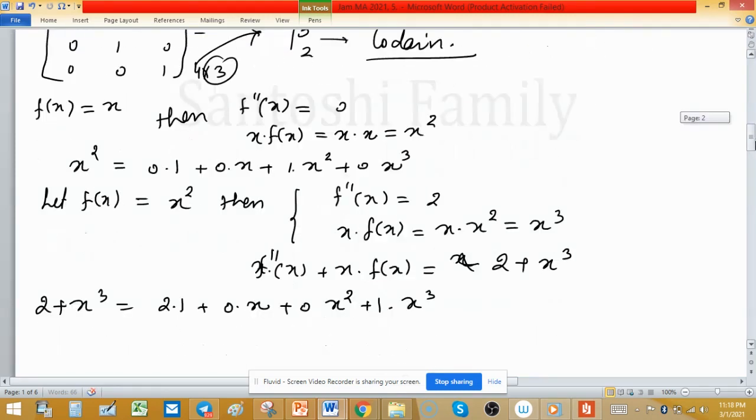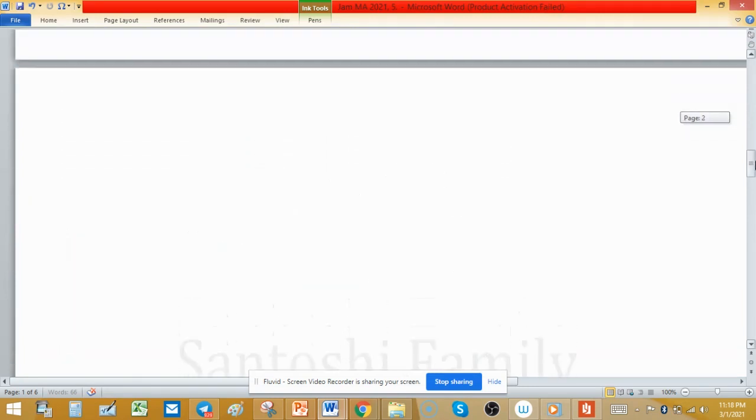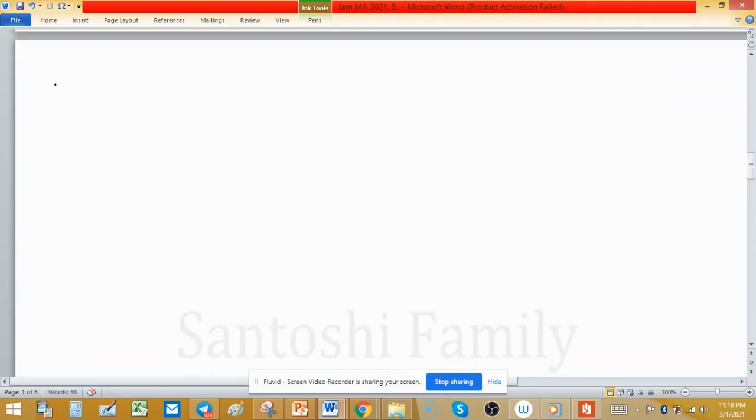Now come to the options. I am going to write this matrix representation again: 0, 1, 0, 0, 0, 0, 1, 0, 2, 0, 0, 1. This is the matrix representation of T and its size is 4 by 3.